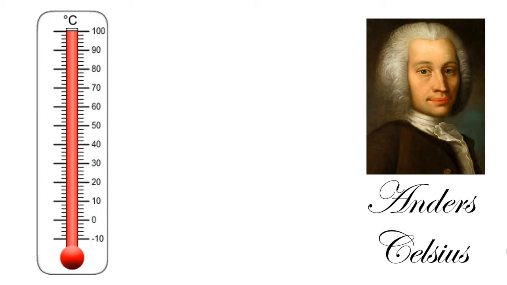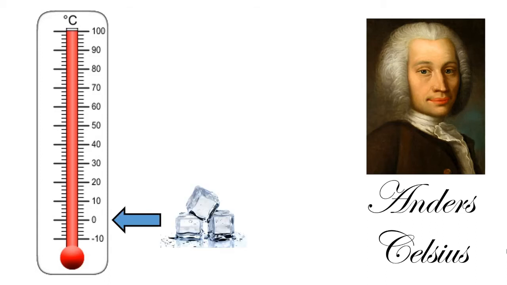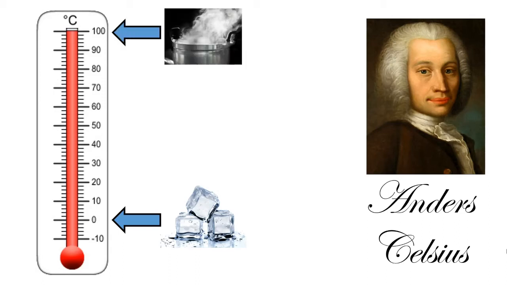Somebody has decided to look at a certain property, a certain amount of something, and say, we are going to give this a name. And he said, I am going to call the point at which water becomes ice 0 degrees C. So he looked at water, and as it became ice, he said, that's what I'm going to call 0. And then he looked at water as it became steam. And the point at which water boils to make steam, he said, I am going to call that 100. Why? Because 100 is a nice number. And it's quite big as well.